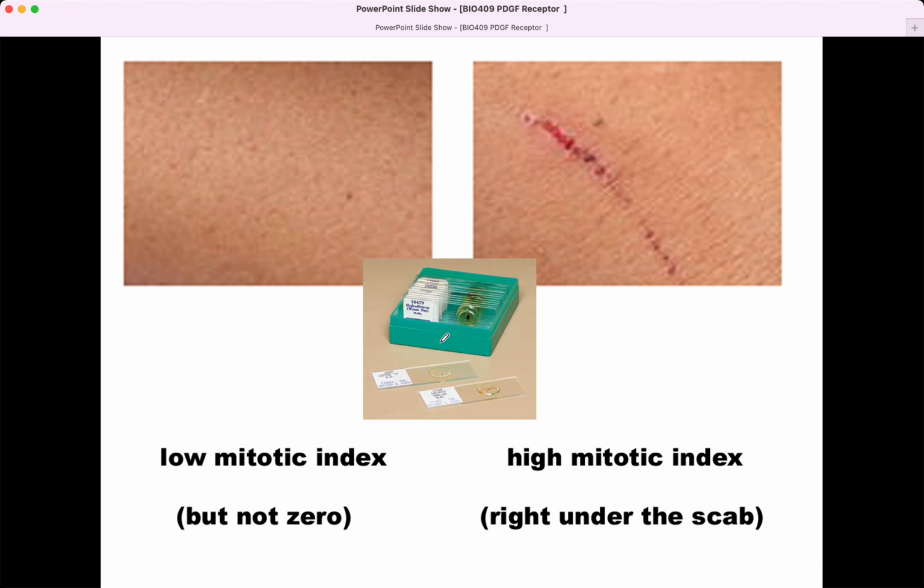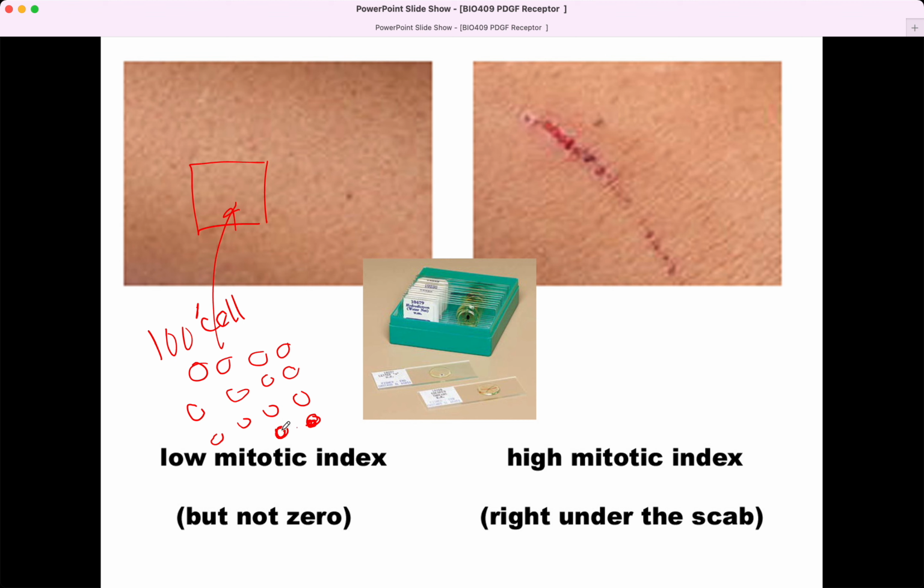Okay, great. So here's just an example of a test that's very often done by a doctor, where they'll take some cells and test them. So if we just took a little patch of your normal cells, and we looked at it under a microscope, if we counted 100 just normal skin cells, we would find some of them are in mitosis.